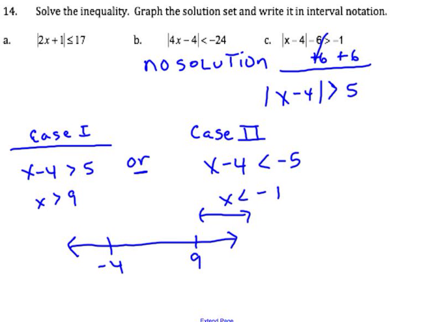I meant to write negative 1. That's going to be a 1 instead of a 4. My mistake. Okay, less than negative 1 would look like this. And because it's or, it means the answer can be over here, or else it can be over here. It doesn't have to be both places at the same time. It's not an and problem.